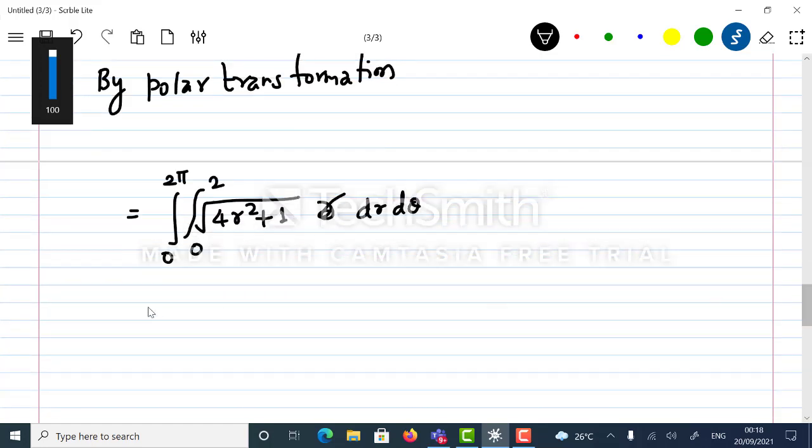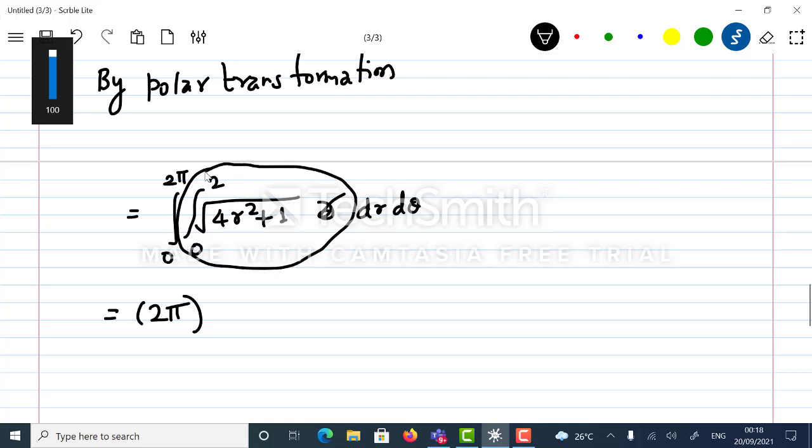Okay, so the d theta integration will be straight away 2 pi, it is independent. So you just need to find this integration. We can use the change of variable formula. So we put 4r square plus 1 equal to some t. So 8r dr is equal to dt, so r dr is equal to dt upon 8.